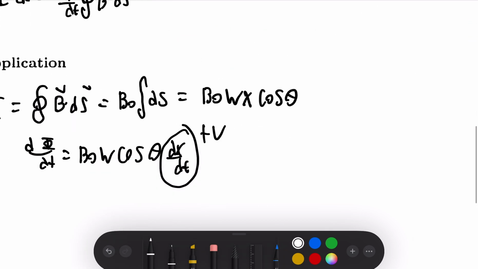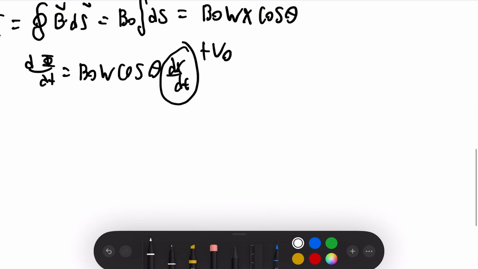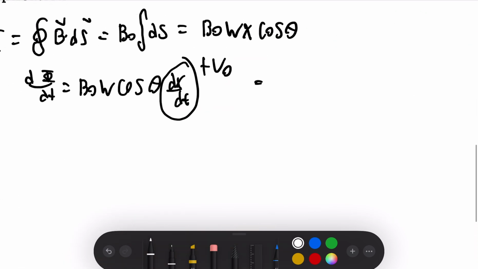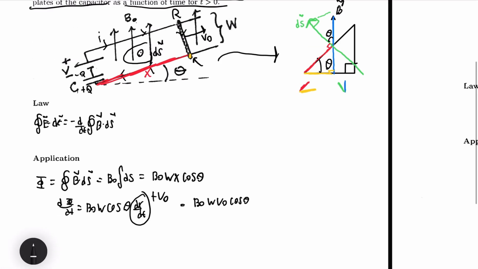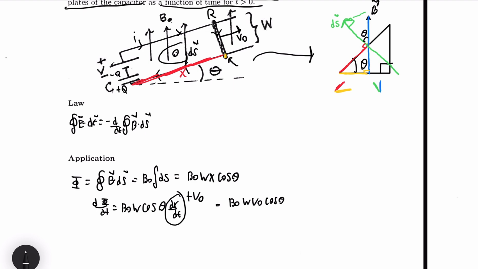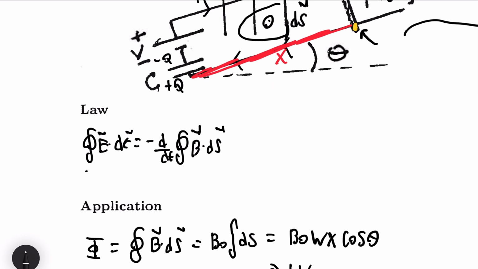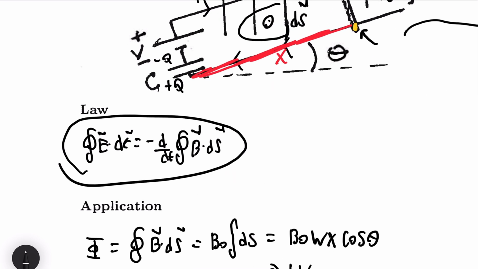V naught, yeah, v naught. So this is equal to B naught w v naught cosine theta. And then that's it. I just have to create my equation and then solve the differential equation.